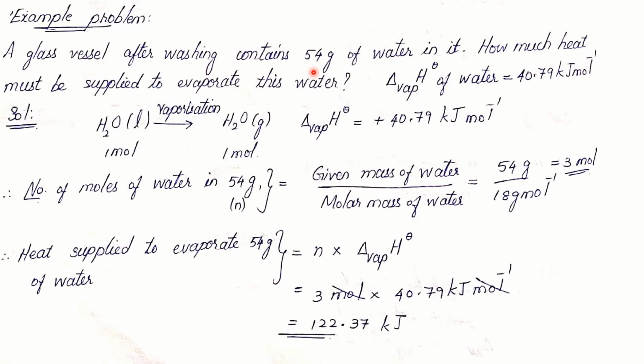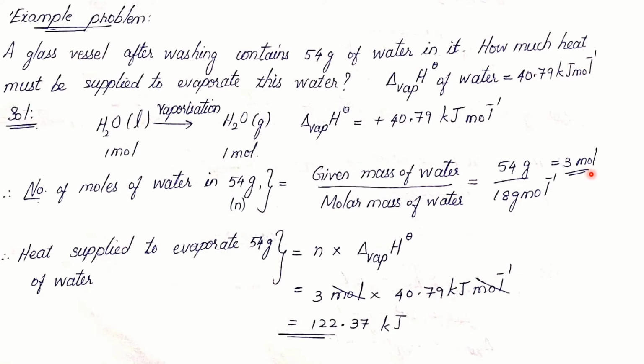Clear? Therefore, in order to calculate the number of moles of water in 54 grams, we divide the given mass of water, which is 54 grams, by the molar mass of water, that is 18 grams per mole. On solving, we get 3 moles as the answer.